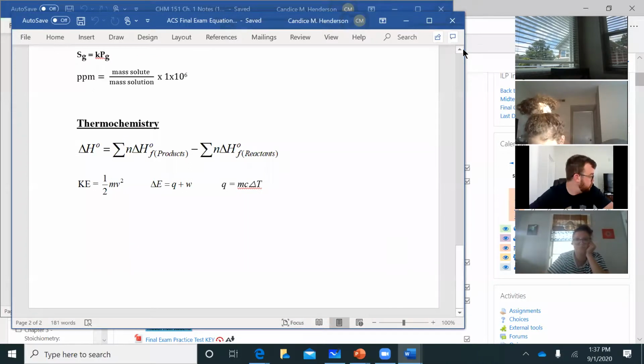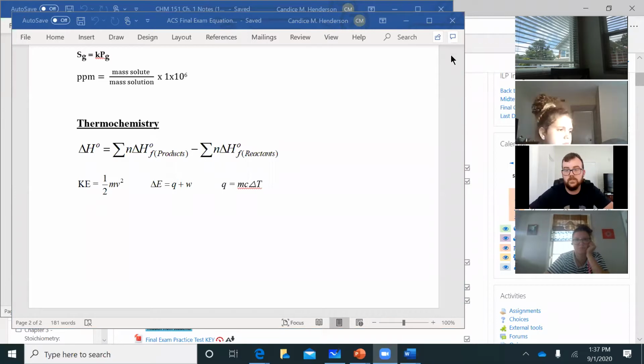Inside the back cover, it looks like there's one. And then let me go ahead and chat with some of the other chem instructors who've already done 151, to make sure that I'm consistent with them on what formula sheet they specifically want me to use. I'll get back to you guys on that by Wednesday, okay? Cool.